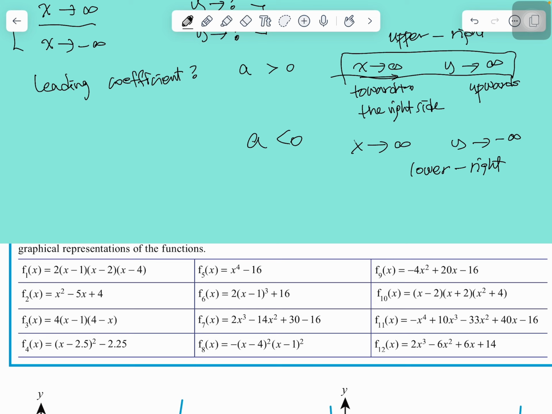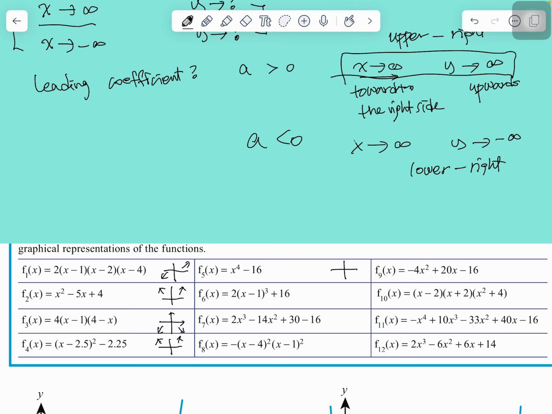The first one: leading coefficient positive and degree 3, so quadrant 1 and quadrant 3. The second one: degree 2 and positive leading coefficient, so quadrant 1 and quadrant 2. For f of 3, when you expand it, you will tell the leading coefficient is negative, so quadrant 4 and the same side, quadrant 3. For f of 4, the leading coefficient is positive and degree 2, so quadrants 1 and 2.